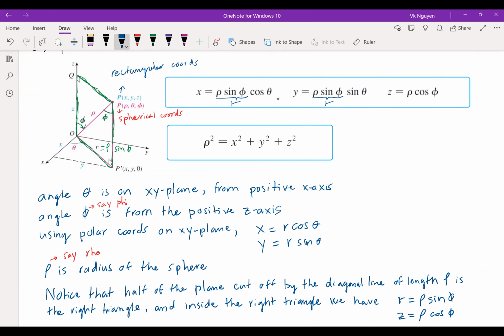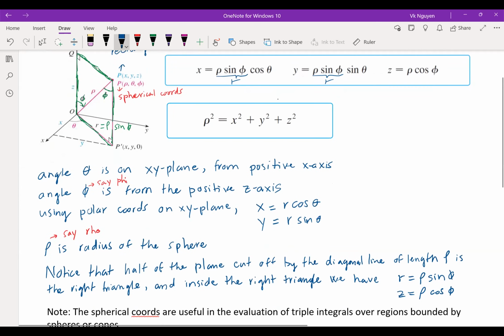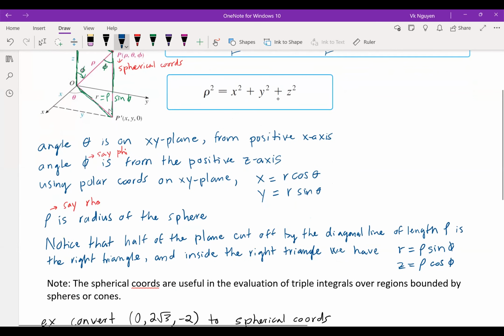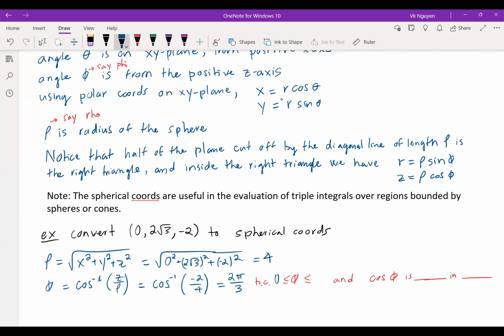If we go another 90 degrees, it goes all the way down there. So phi here can only go from 0 to pi, not to 2 pi though. Just be careful with this one because you're gonna have to do the setup later on.